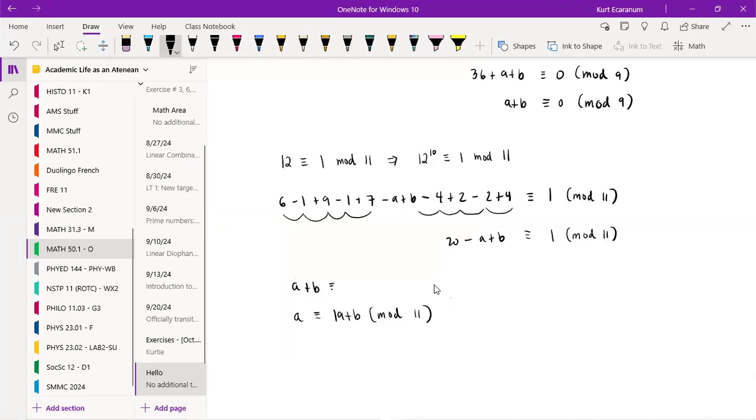A plus B congruent to 0 mod 9. And then we have A minus B congruent to 19 mod 11. Tama ba? A minus B. Yeah. It's correct.